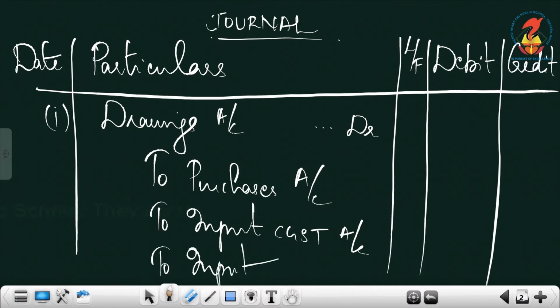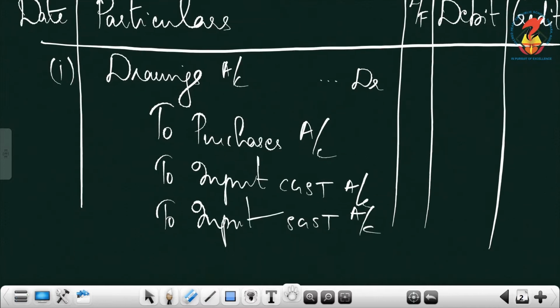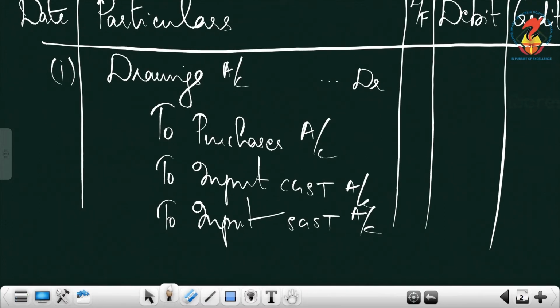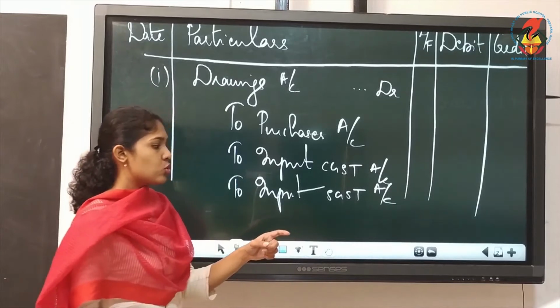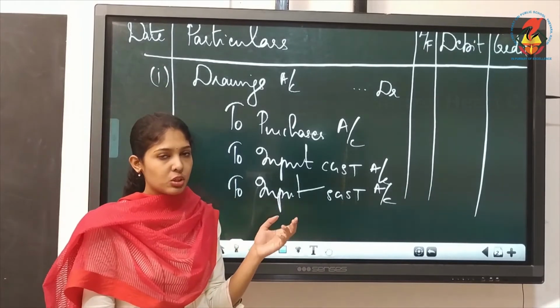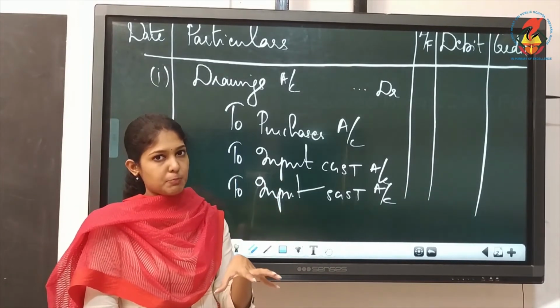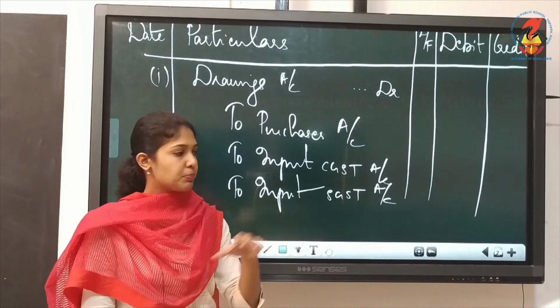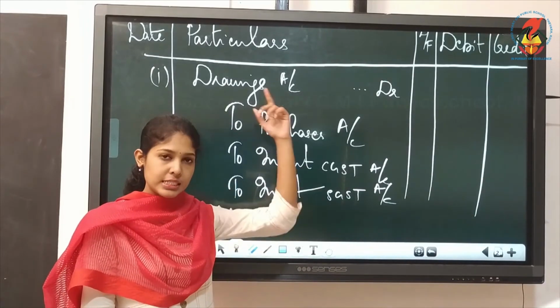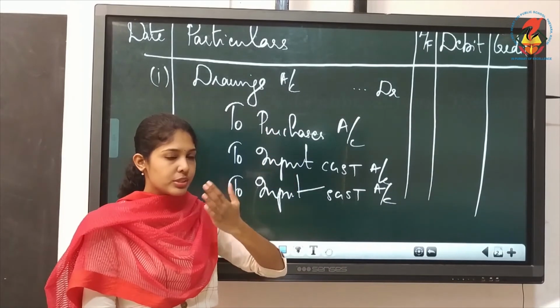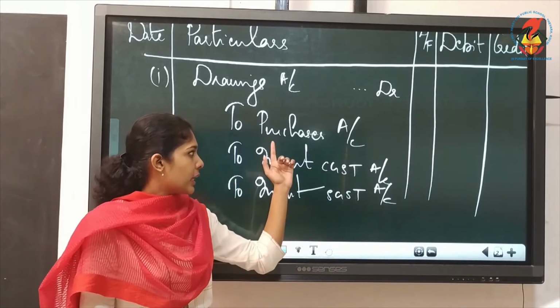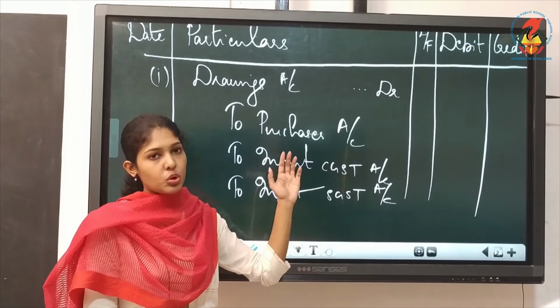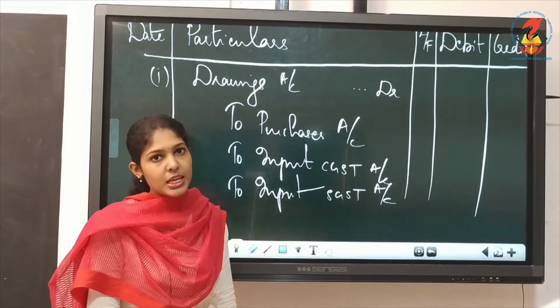You can't write "and input SGST", you must write it separately as "to input SGST account". So this is how you have to write that compound entry. When purchases is getting credited, the input CGST and input SGST also you have to give the opposite aspect. When you purchase something, these GST will be debited. Here goods are moving from the business, so purchases is getting credited, and you have to credit this GST account also.